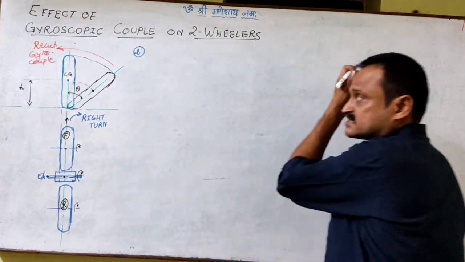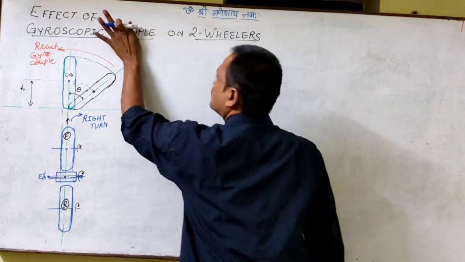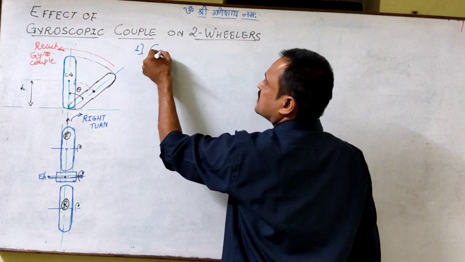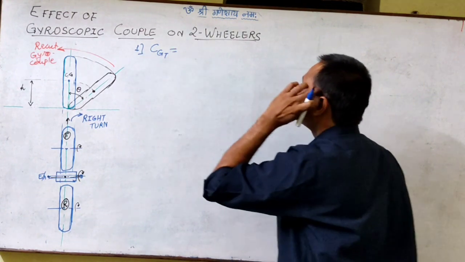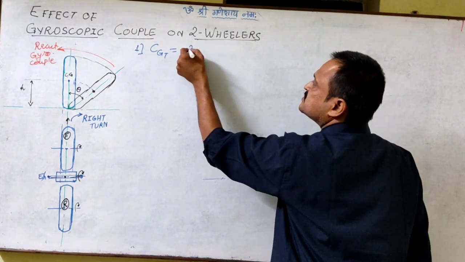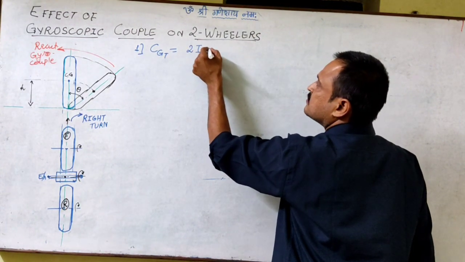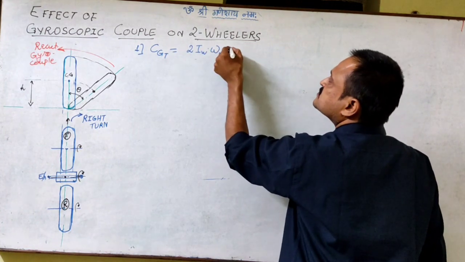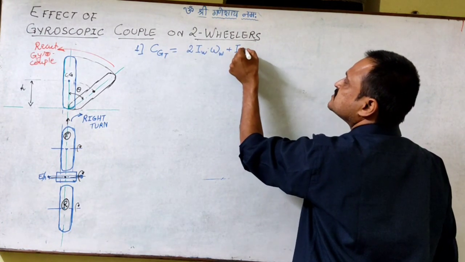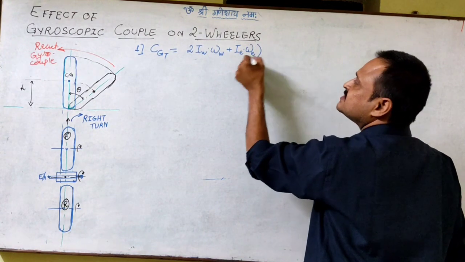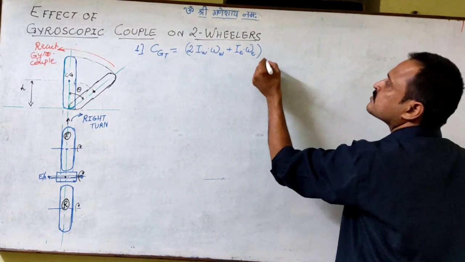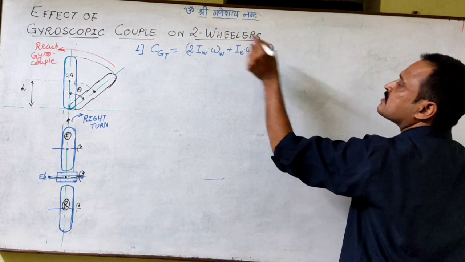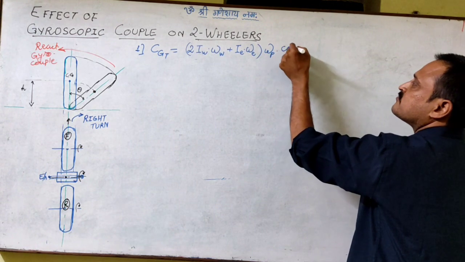So the second factor which is coming into the picture, the first was the total gyroscopic couple, which came out to be twice I of wheel, omega of wheel, plus I of engine, omega of engine, into omega p, and cos theta was common for that.